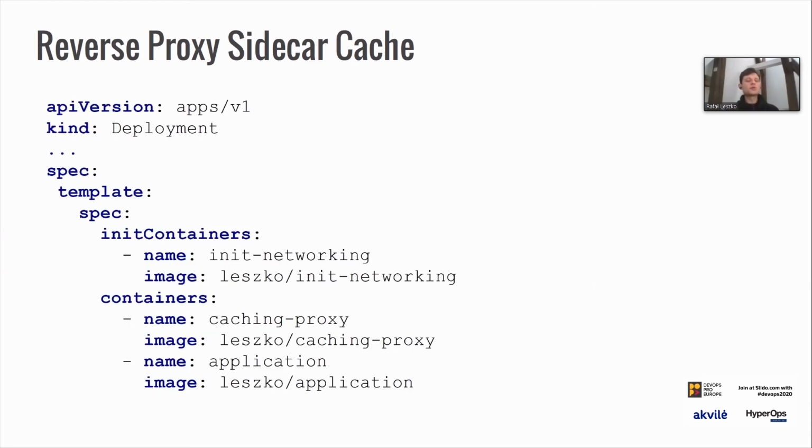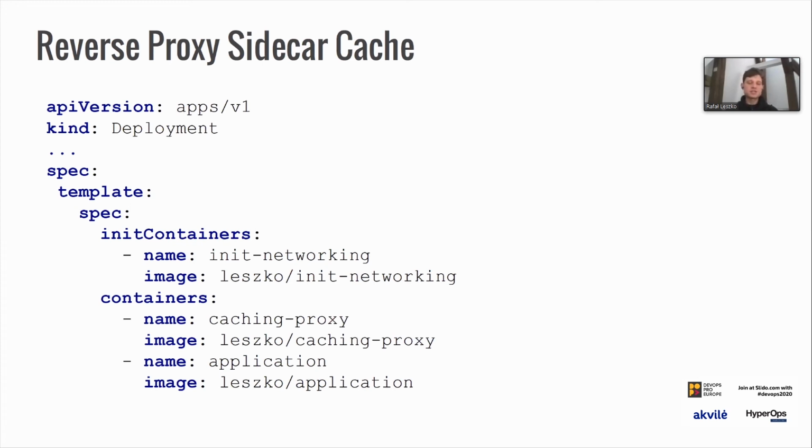So this is how it will look in a Kubernetes configuration. Let's start describing this from the bottom. We have two containers and one init container. Let's explain the containers first. Starting from the bottom, this is our application, our business logic.